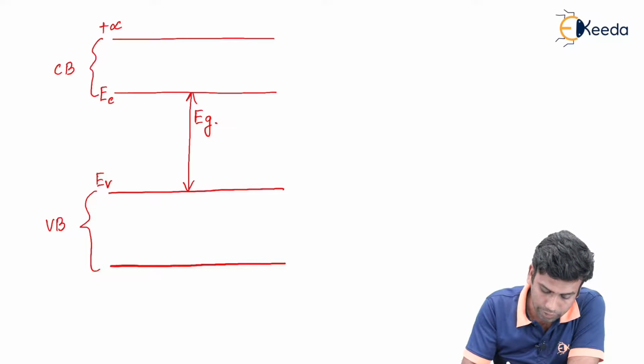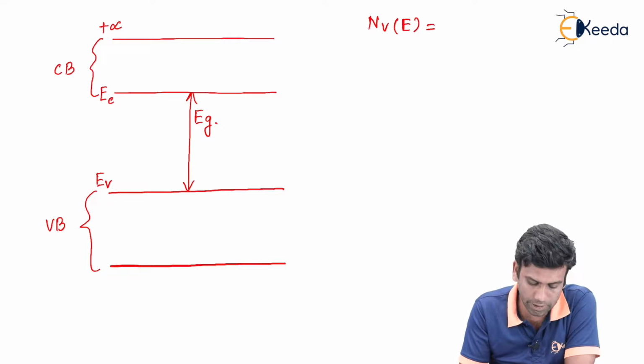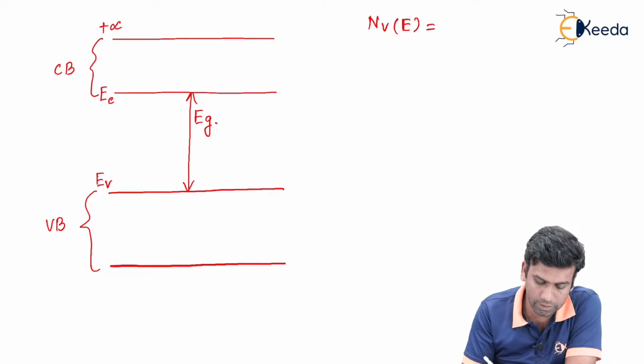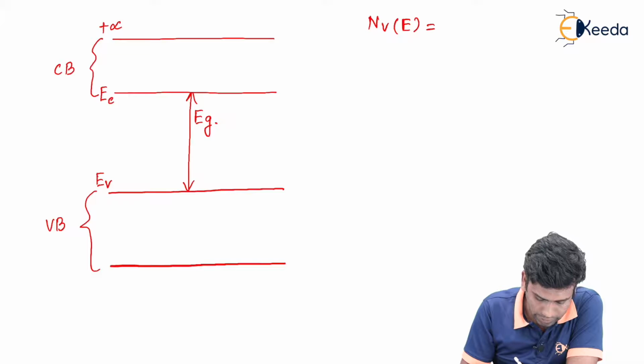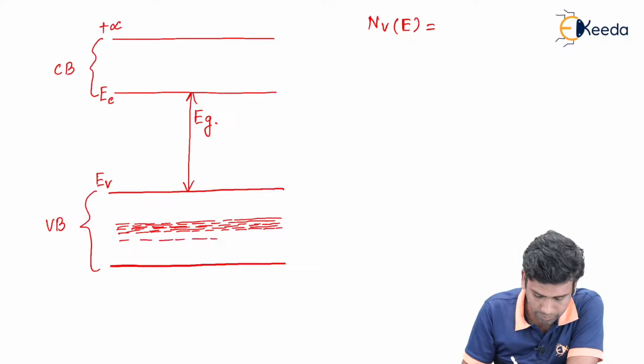Now, NV(E) gives the distribution of the energy states inside the valence band, and it is similar to NC(E). The energy state density will be very high in the middle of the valence band, and as we move towards the band edge of the valence band, the density decreases.